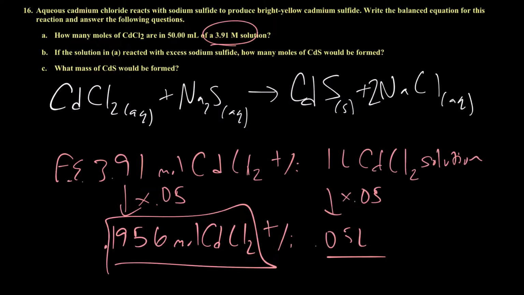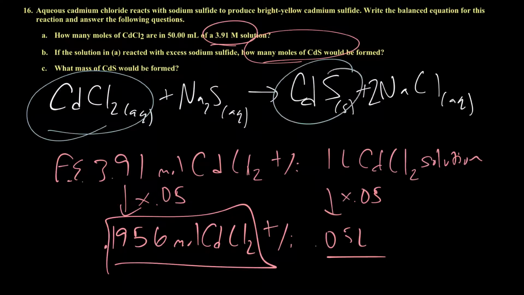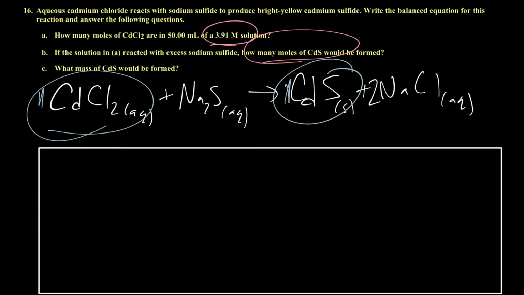And then the second question asks how many moles of CdS would be formed? Well, the ratio between this one and this one is 1 to 1. So it would be 0.1956 moles of CdS. And then the last question asks how much mass of CdS is formed.